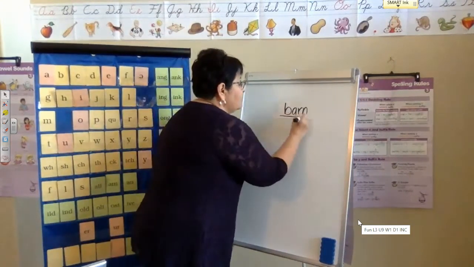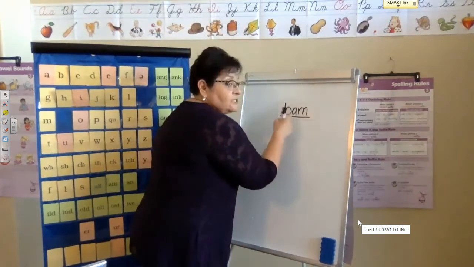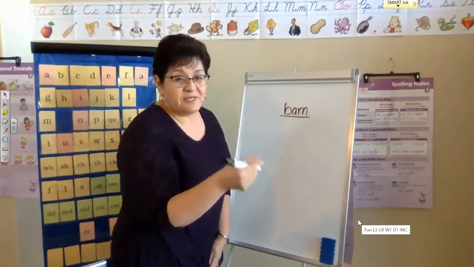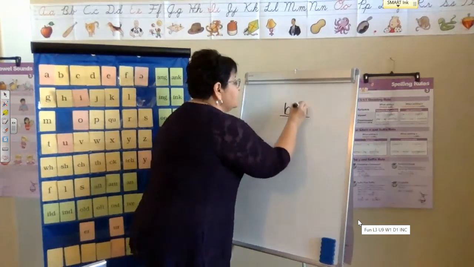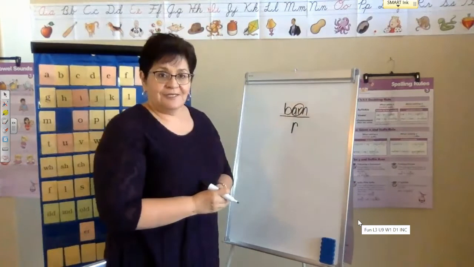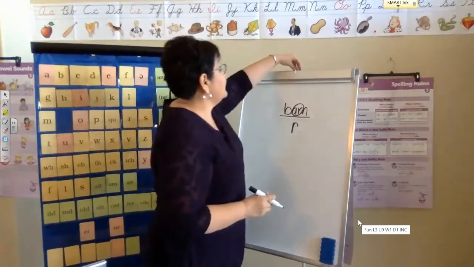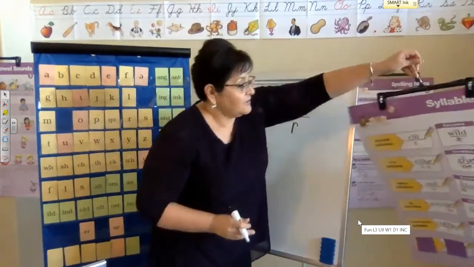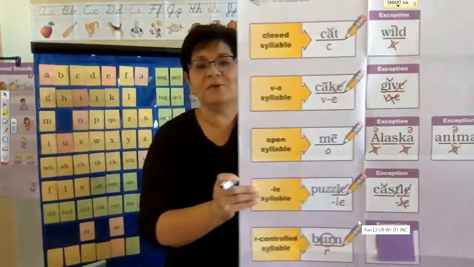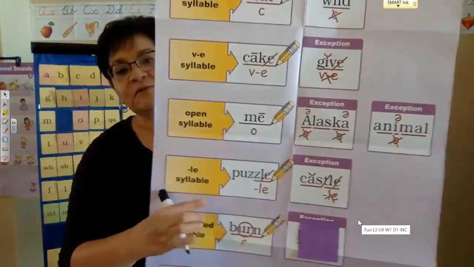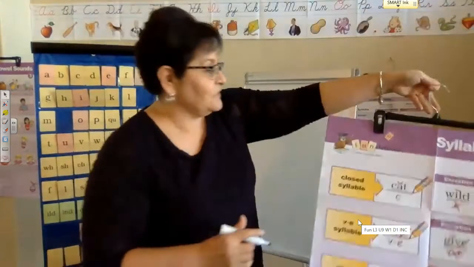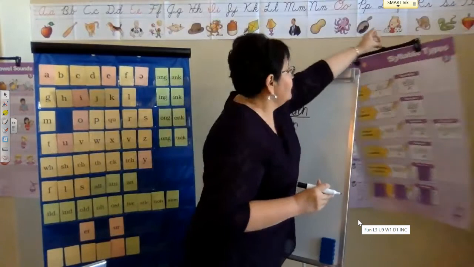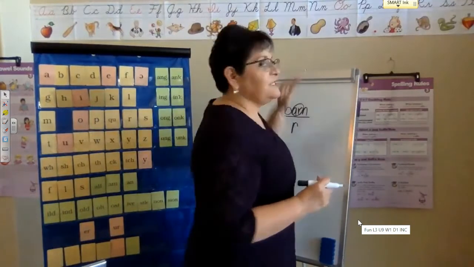I underline that word. This is an R-controlled syllable. Remember, I always identify that syllable type first. And I circle that AR, that R-controlled part. You've got a helpful poster in your room that will remind you how to mark up that R-controlled syllable. You can always take a look at that poster if you need some help.